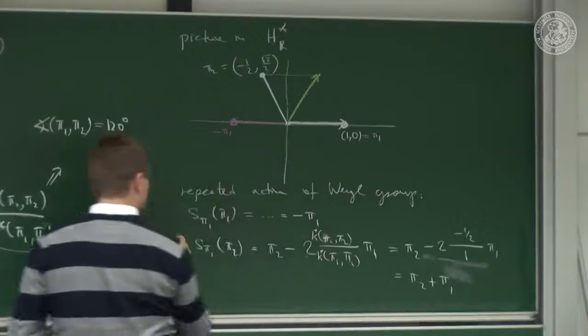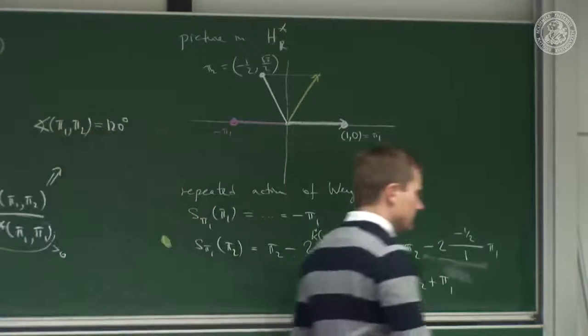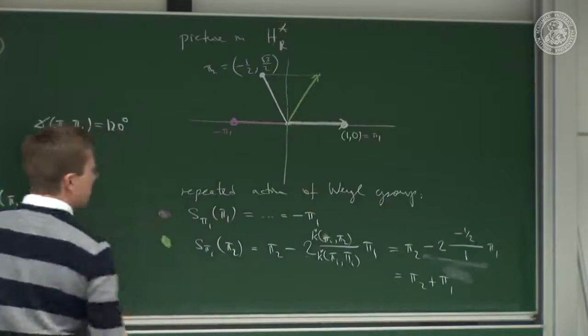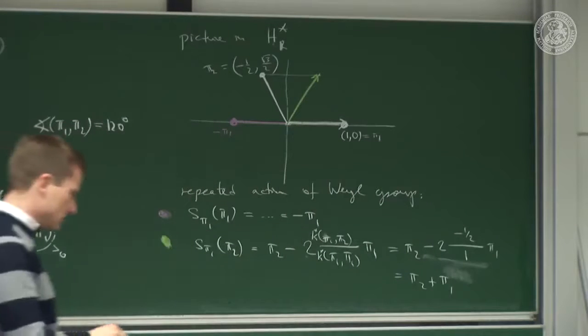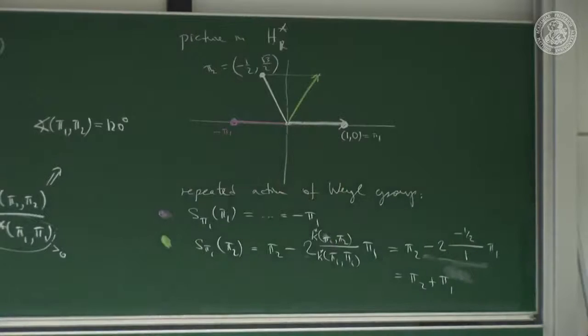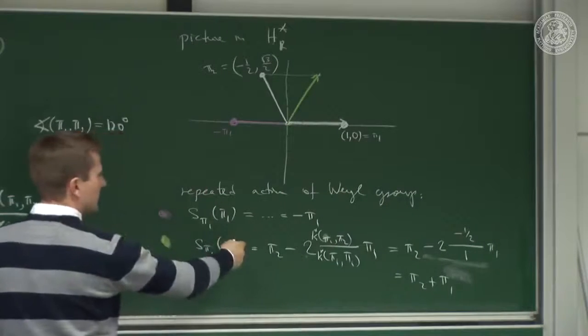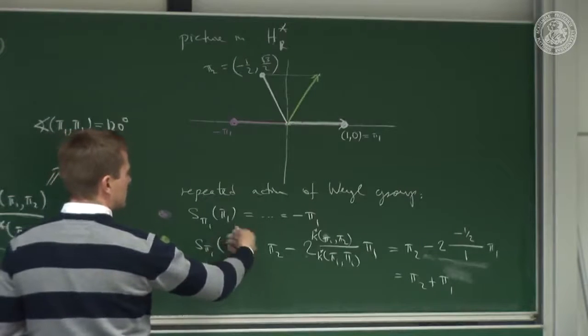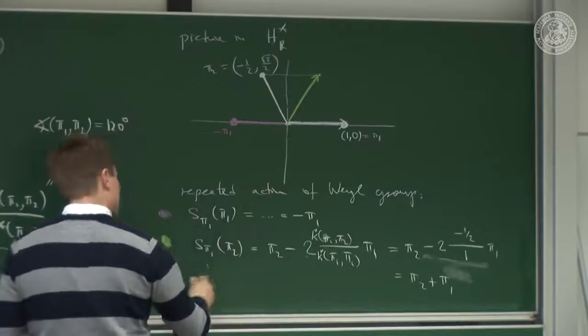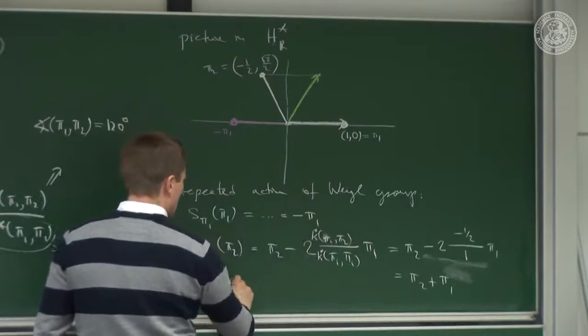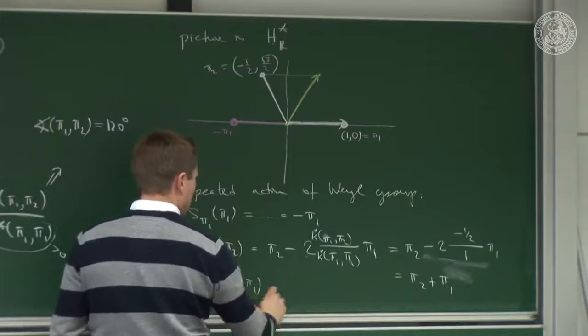So that's this calculation, and this one here is that calculation. Aha, so we got these two. Now you can imagine, I'm not indicating this in detail, that by repeatedly acting, for instance, on this result again with pi1, well, let's do it. We take pi1 and we act on the result pi2 plus pi1.